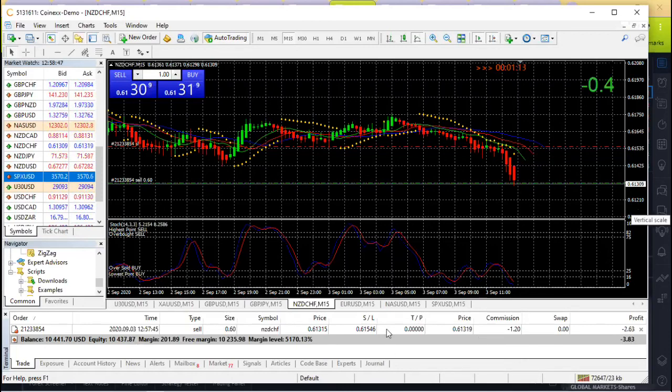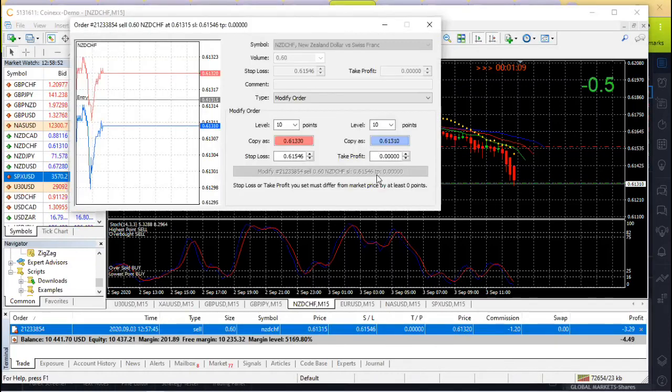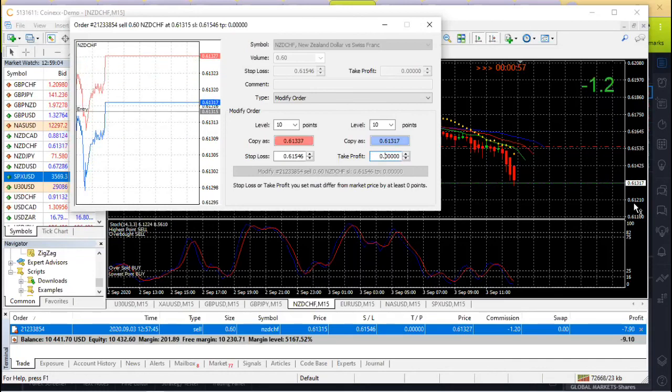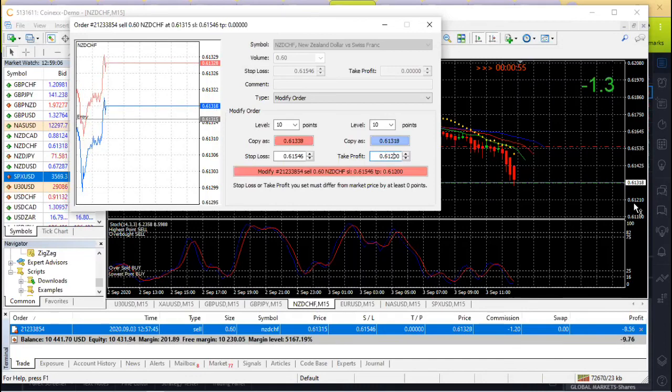So I'm going to come back to my trade, double click, come to my take profit box, and enter my take profit, which is going to be this number right here, 0.61210. Again, that is 0.61210.